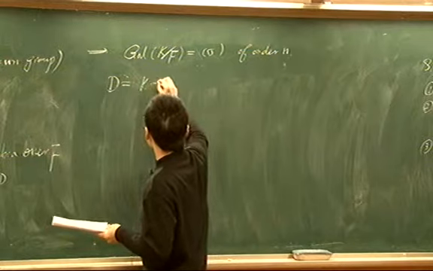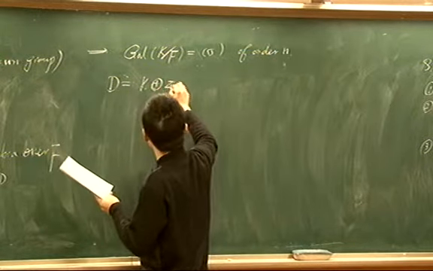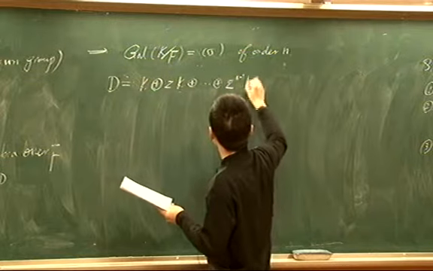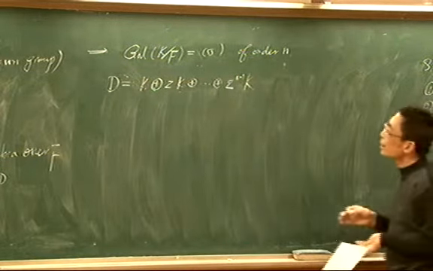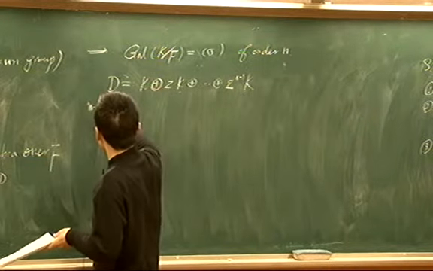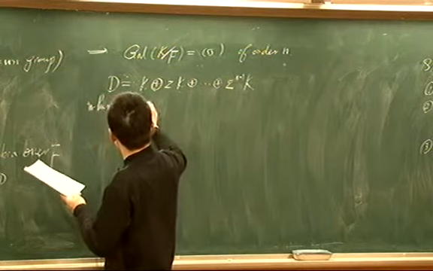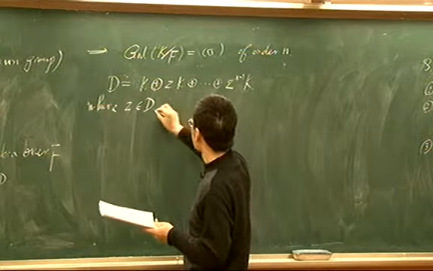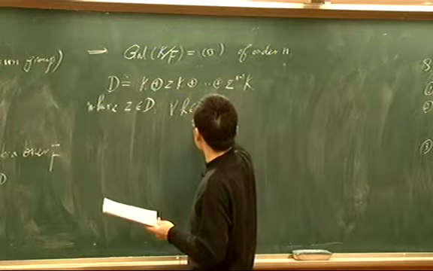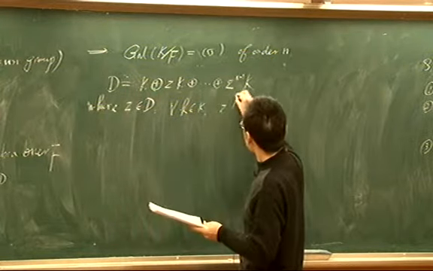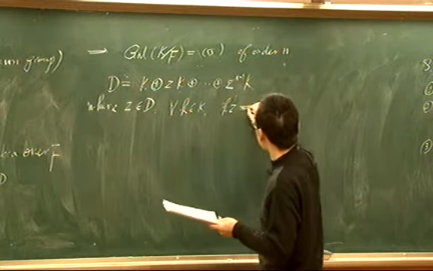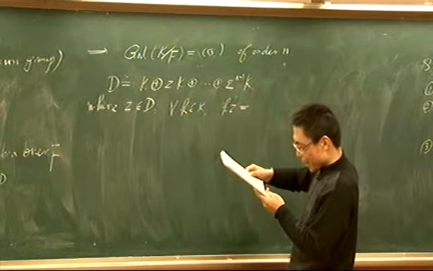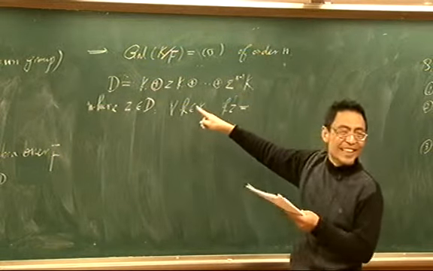We can also write D as K plus zK plus z^2 K up to z^(n-1) K. This is a vector space, where z belongs to D. This relation: any k belongs to K, zk equals sigma(k) z. The dimension of D over K is n.